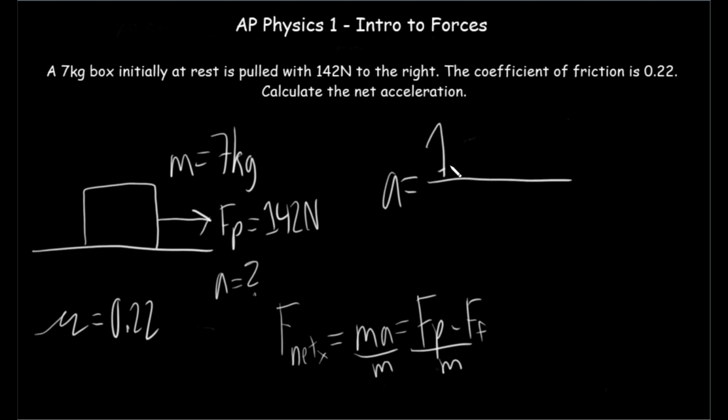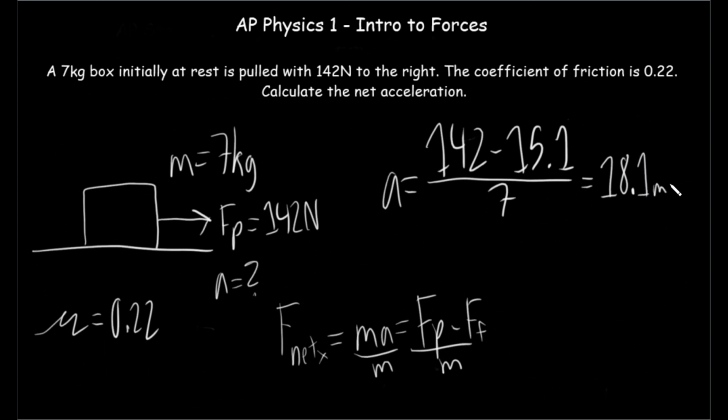You just plug in the numbers. 142 minus 15.1 divided by 7. So when you plug in the numbers, you end up with 18.1 meters per second squared if you round to the nearest tenth.